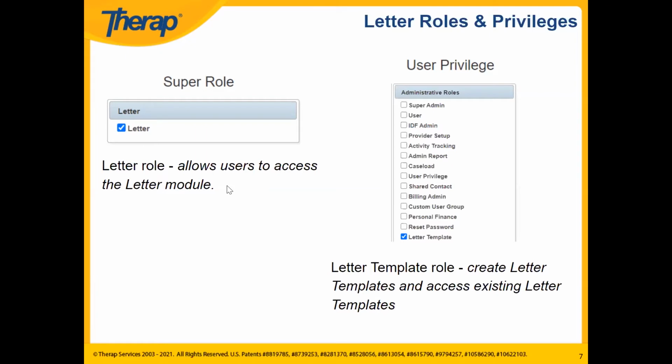It just gives access to the letter module. It doesn't let users edit or access any of the templates. It's really just saying the templates are good to go, they're set up the way we want them, but we want these staff or users to access the letter module and apply the templates. And that super role is caseload based. I just want to point out the differences between that super role versus user privileges. Definitely some important roles.